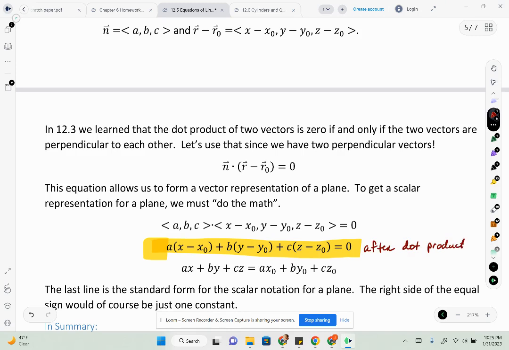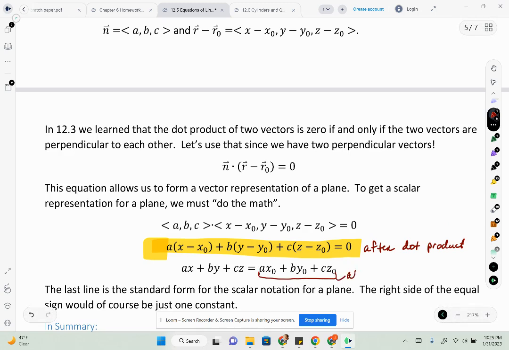Remember, A, B, and C are numbers. X naught, Y naught, and Z naught are all numbers. But the X, Y, and Z are the variables, and we need them to stay as X, Y, and Z. So we can move all the constants to the right-hand side of the equal sign.